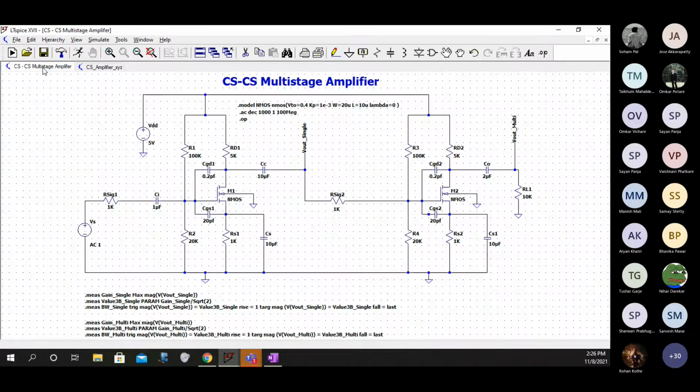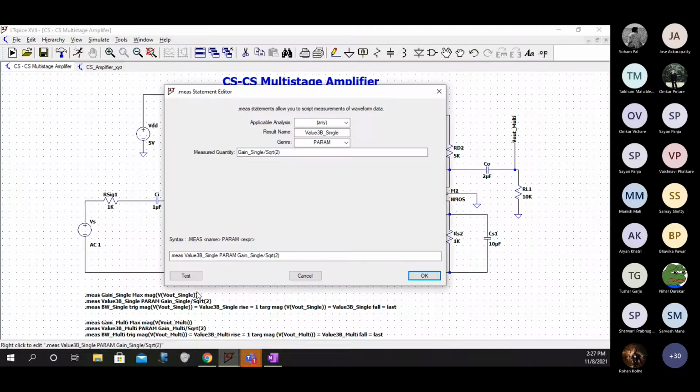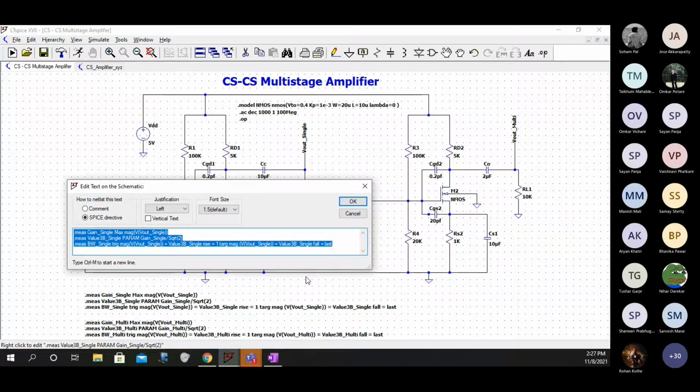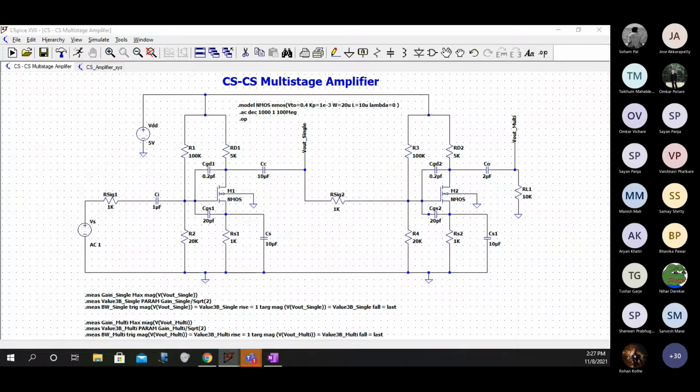So your final circuit should look like this, very clean and neat and tidy. So for your convenience, I am copying the dot measure commands and putting it down in the chat box for you.